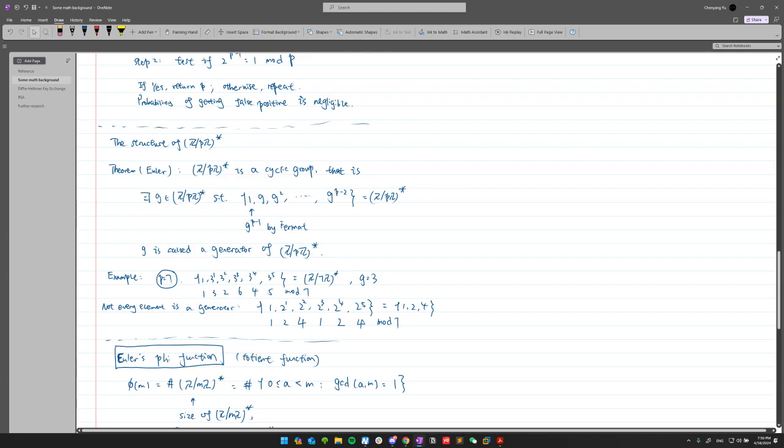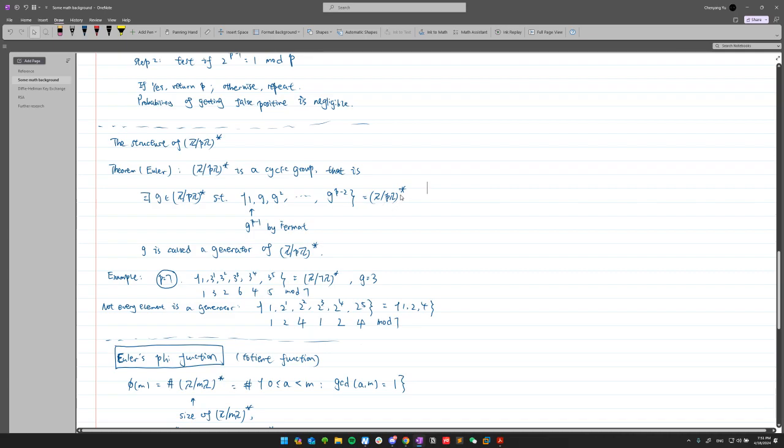It means there is a generator in the set which generates everything. So the identity element 1 is just g to the p minus 1. Therefore, in the set, we don't include this element because 1 and g to the p minus 1 are equivalent, right?